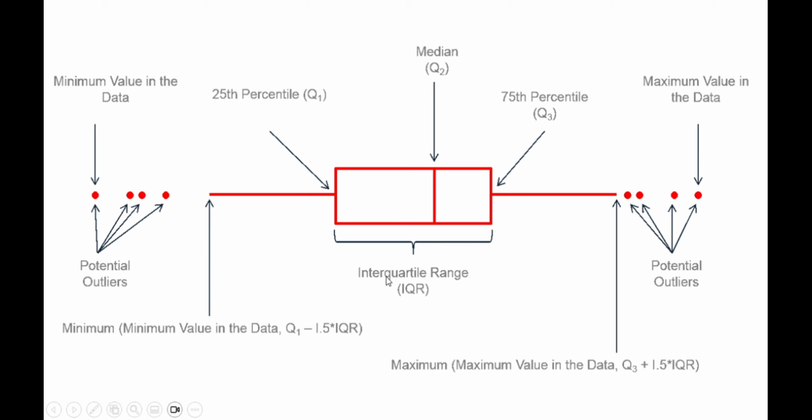The IQR, interquartile range, is the difference between the lower bound and the upper bound, meaning the middle 50% of the data. Similarly, there are the minimum and maximum values, and the last one, the red dots, are the potential outliers that are far away from the normal values.